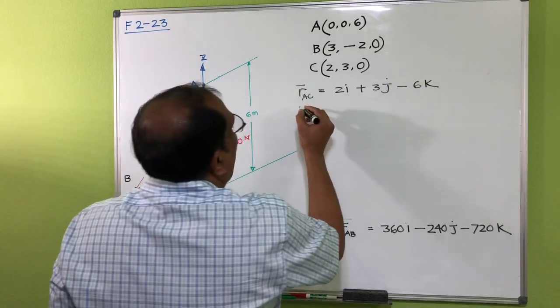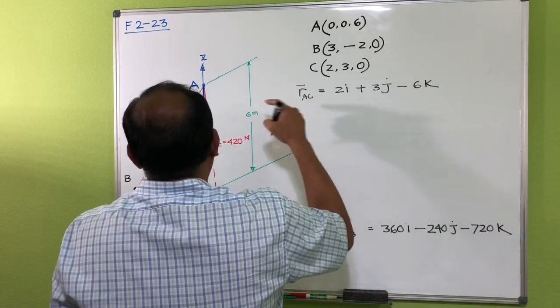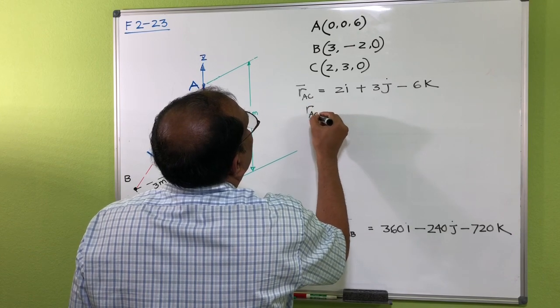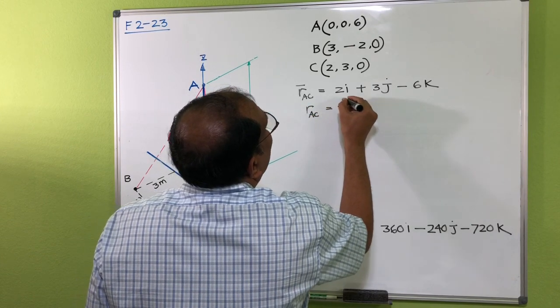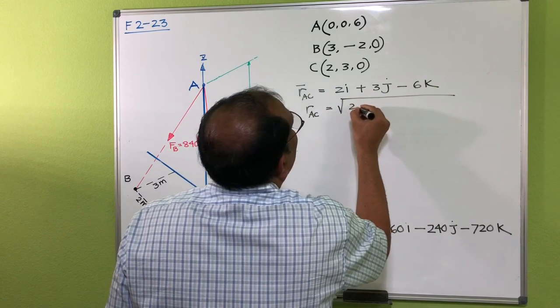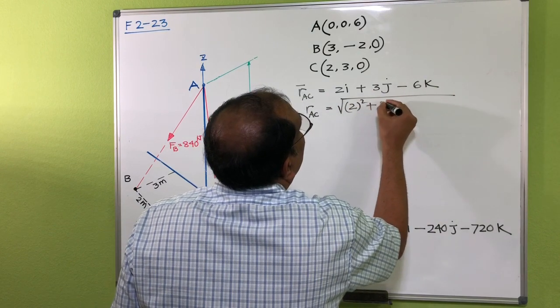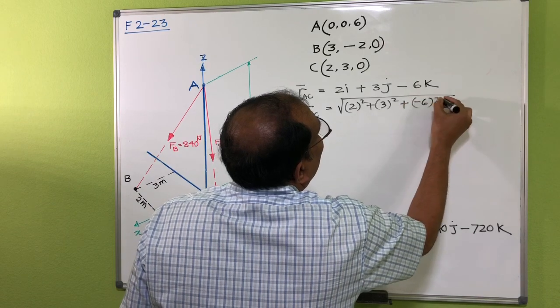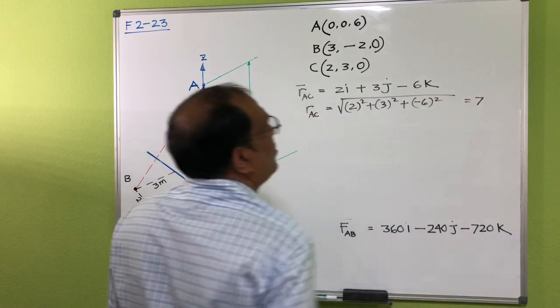The magnitude of RAC, the length from A to C, again is equal to 7.